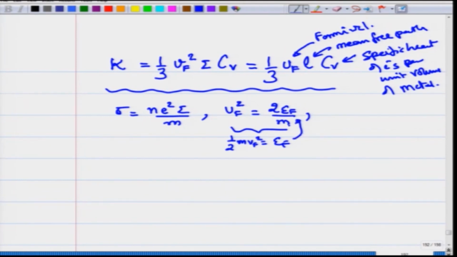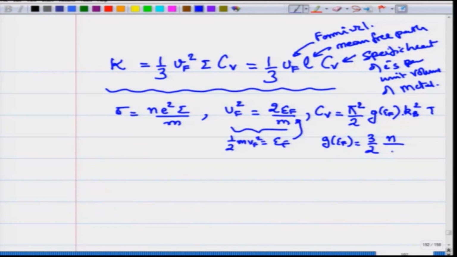It is basically coming from here. And the specific heat of the electrons in the solid is pi square by 2 GeF into Kb square times T, where GeF is the density of states of the electrons at the Fermi energy, which is 3 by 2 into the number density of electrons divided by the Fermi energy.